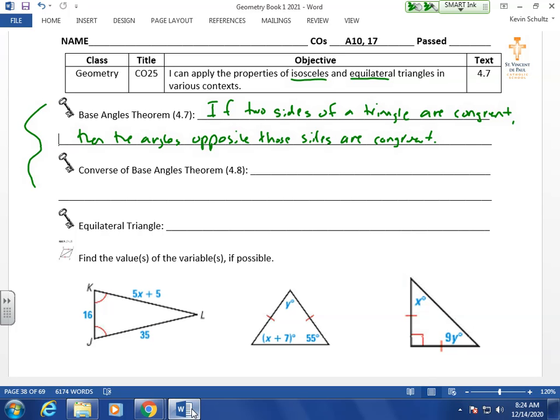Okay? The base angles theorem states that if two sides of a triangle are congruent, then the angles opposite those sides are congruent.